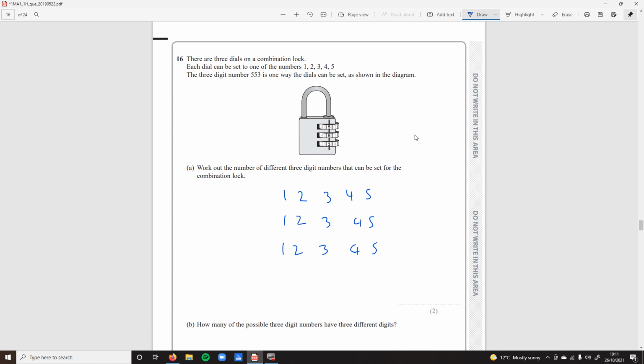Oh god, I can't remember how you do this. Because you could go 1, 1, 1, 1, 2, 1, 1, 3, 1, 1, 4, 1, 1, 5, 1. And you could do 1, 1, 2, 1, 1, 3, 1, 4, 1, 1, 5.